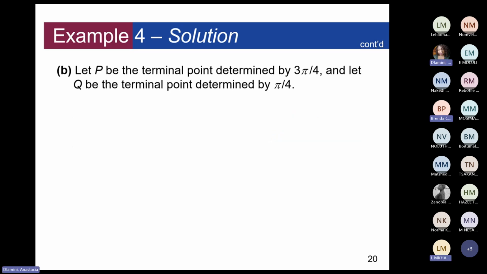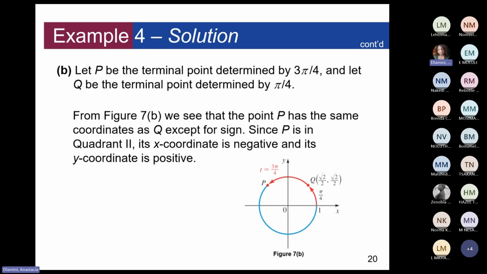Yes, ma'am. Now they say let P be the point determined by 3 pi over 4. Let Q be the terminal point. So we're supposed to say, okay, pi over 4, pi over 6, and pi over 3 are Q, and then P is this. So it's still fine as long as we're able to find it. So now this is what we got, and we were able to move and show that it was in the second quadrant, and this is what we got as well.